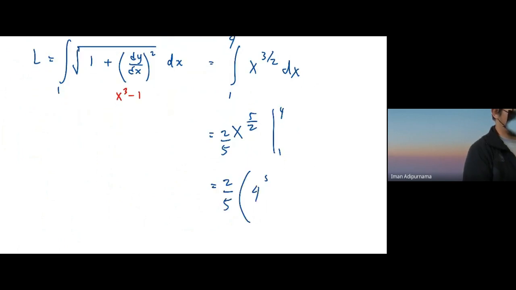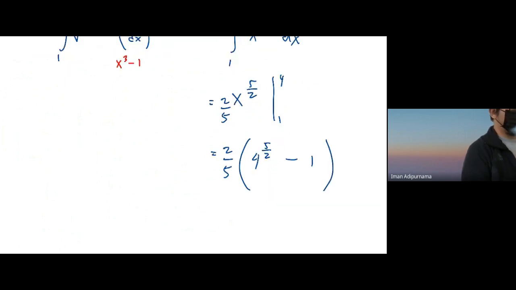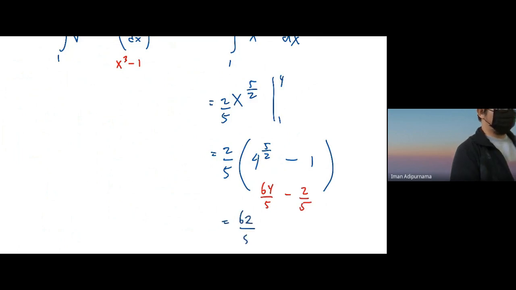It's 4 to the 5 over 2 minus 1, so this will be 64 over 5 minus 2 over 5, and this will be 62 over 5.